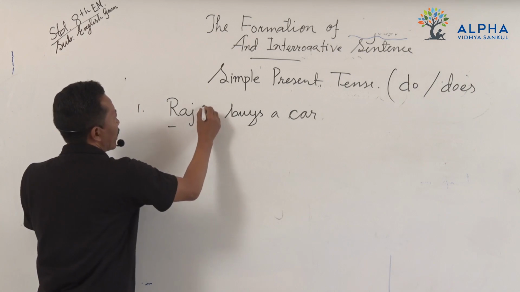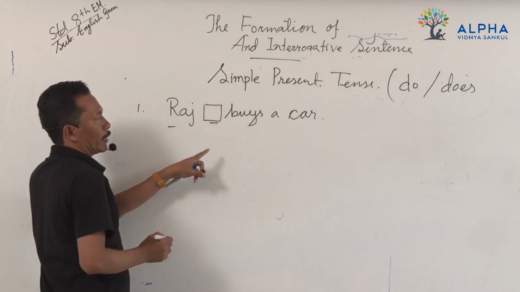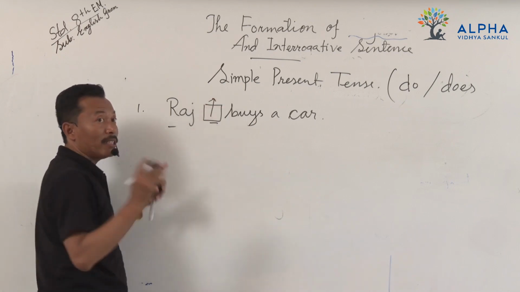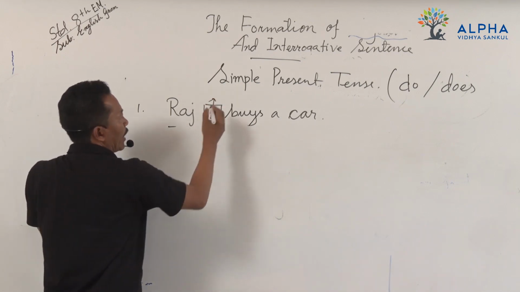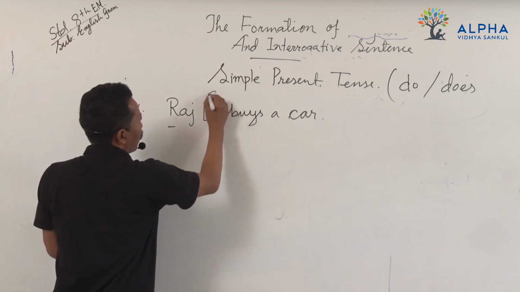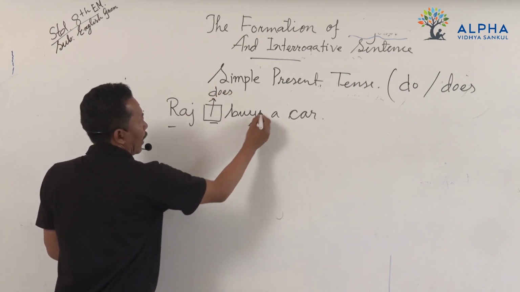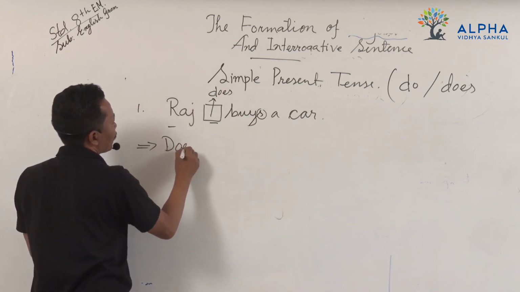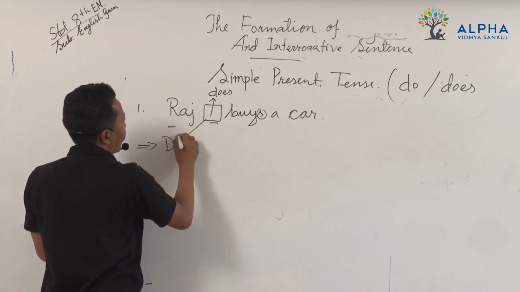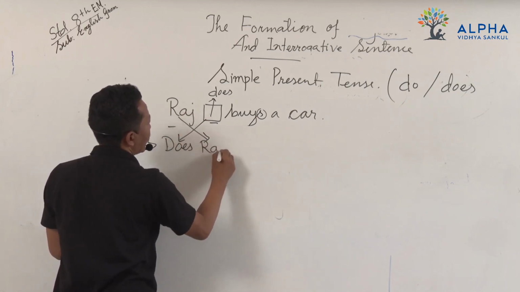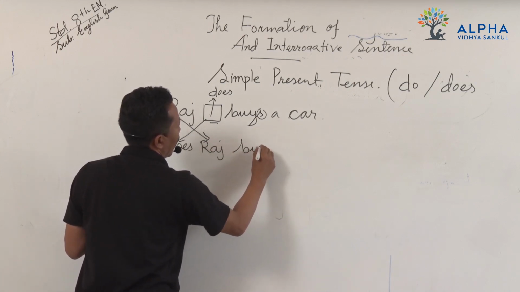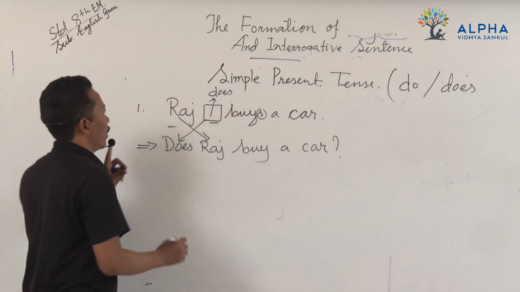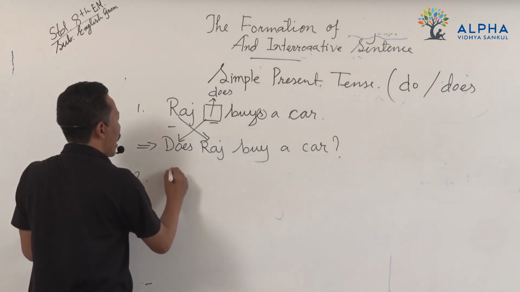You have to imagine here is does. So this does will come first, and Ras comes after. Does Ras buy a car?